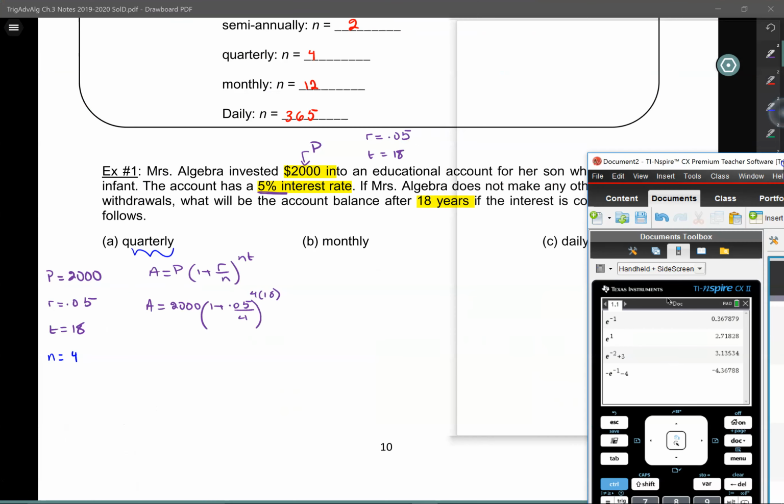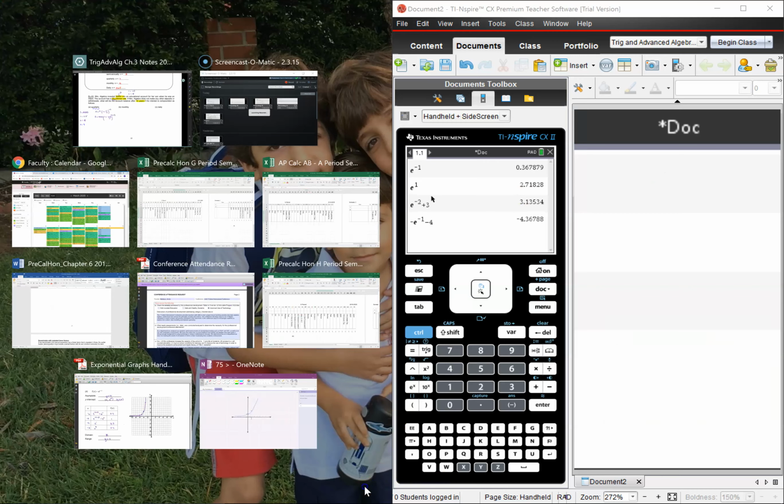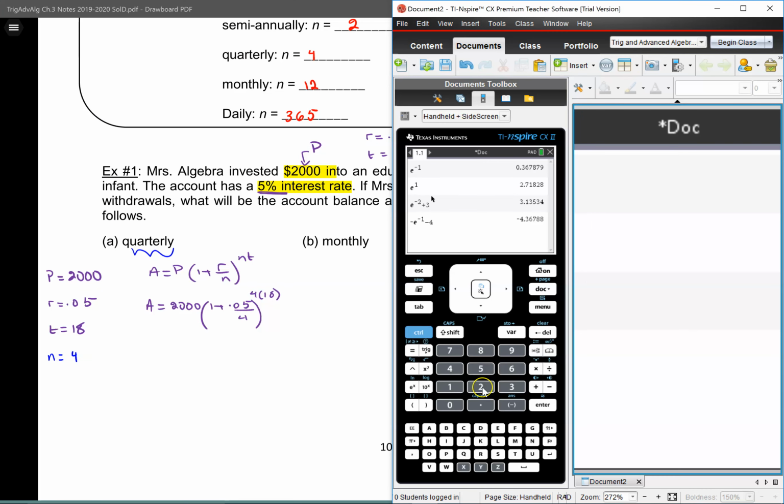You have to put it in as you read it. 2,000 times 1 plus 0.05 over 4, close the parentheses, to the power of 4 times 18.